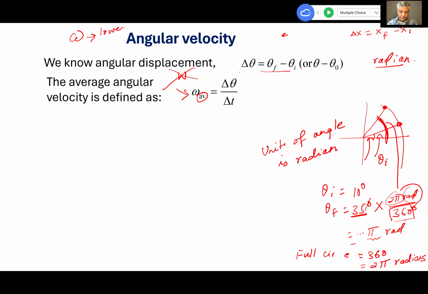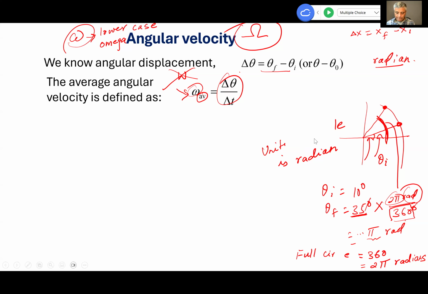That is lowercase omega. Uppercase omega is this. This is lowercase omega, and that's the notation we are using. So this is just like average velocity, but in terms of angle. That's why we have angular change.